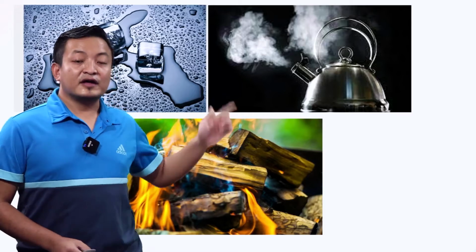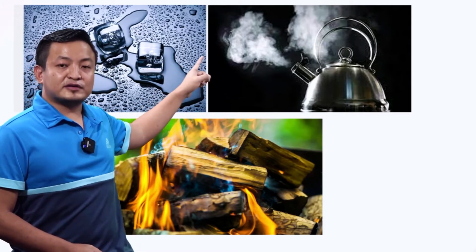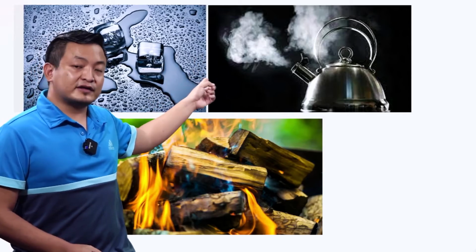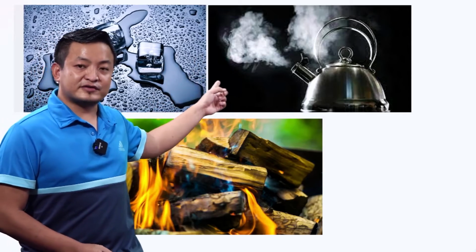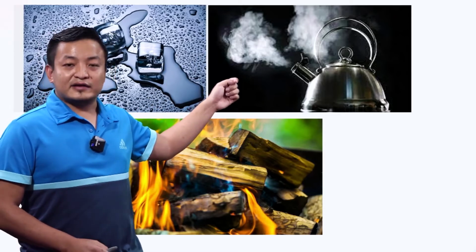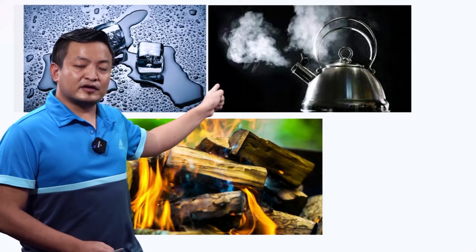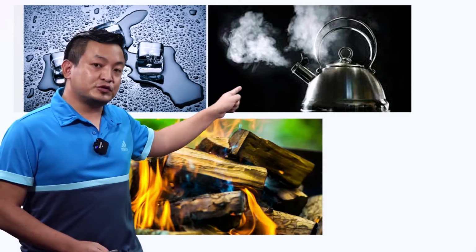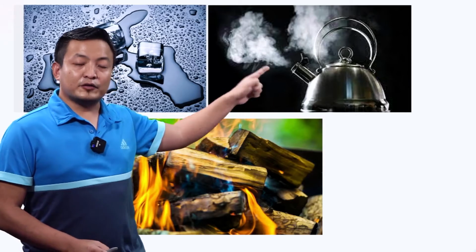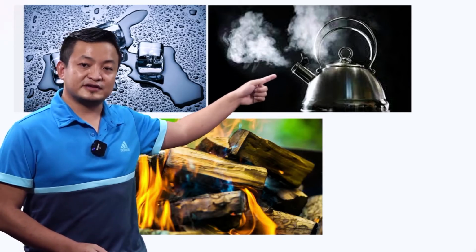We have studied about different states of matter, right? So we have three states: solid, liquid, and gaseous. So here solid changes into a liquid, and here a liquid is changing into a vapor, a gaseous state, right?